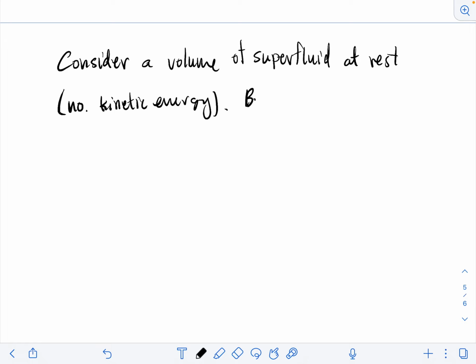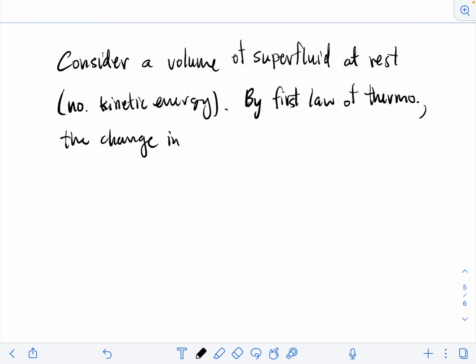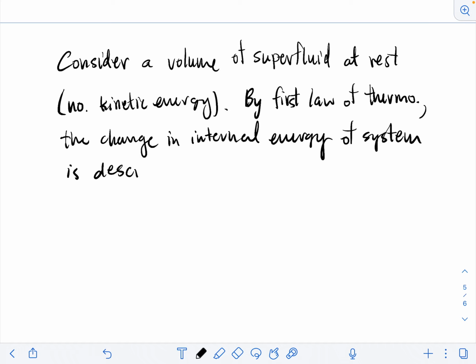All right, so by the first law of thermodynamics, the change in internal energy of the system is described by, well, we've used this many times.